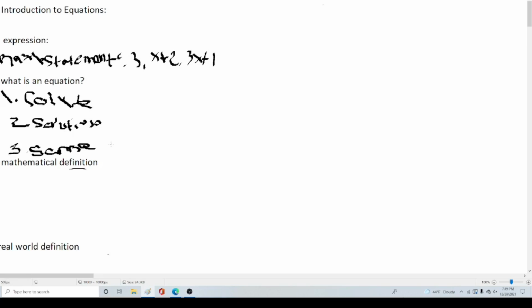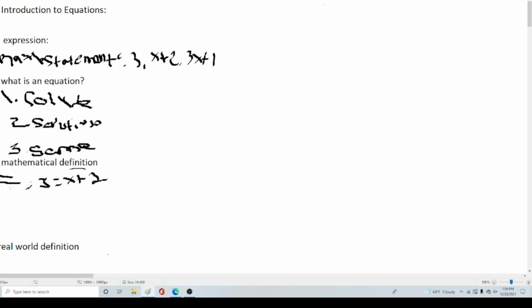Let's talk about the mathematical definition of an equation. In mathematics, we take two or more statements, whether they be numbers or variables, and we create a new statement through equality. We do that with the equal sign. We take, for example, 3 and x plus 2, and we say, okay, well, 3 is equal to x plus 2.